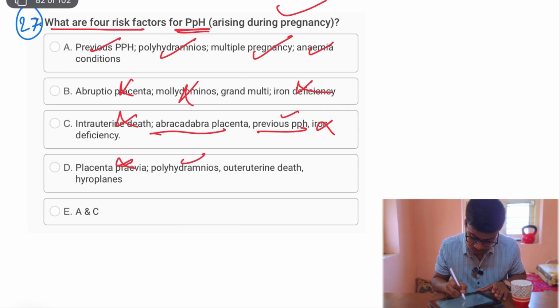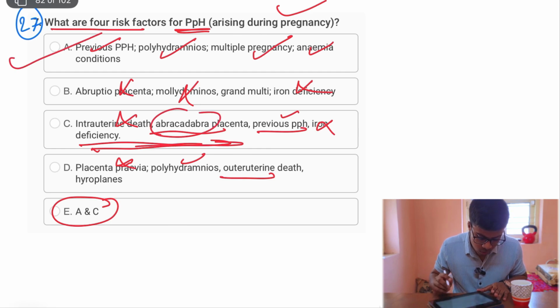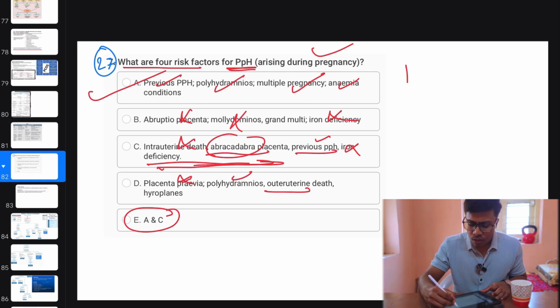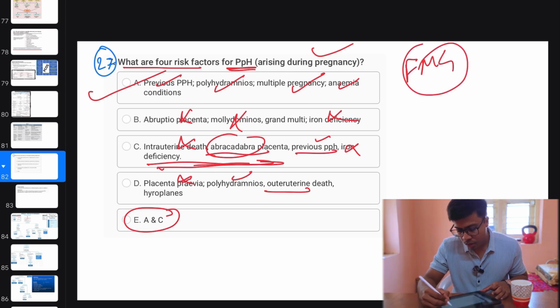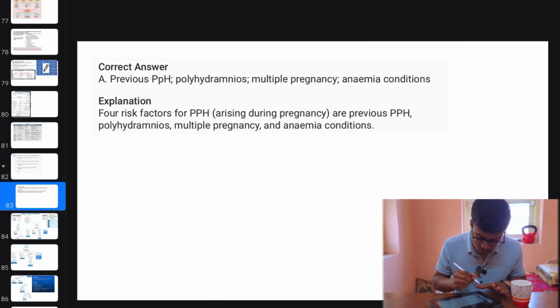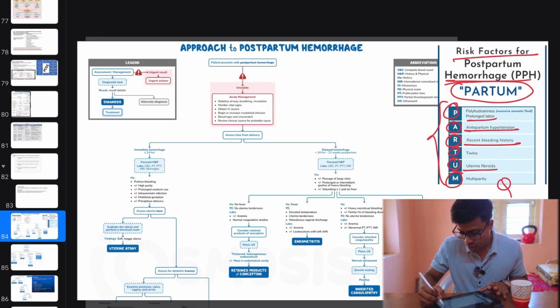Intrauterine death, no. ANC, that is A and C: A is there, but not C. So A is the answer. This question was asked in FMG. So I have taken it according to my research. That's the answer from this chart.